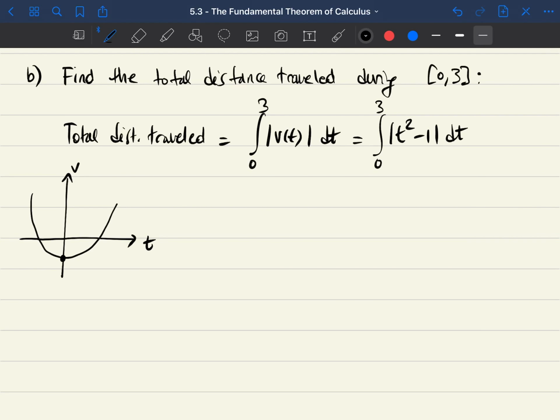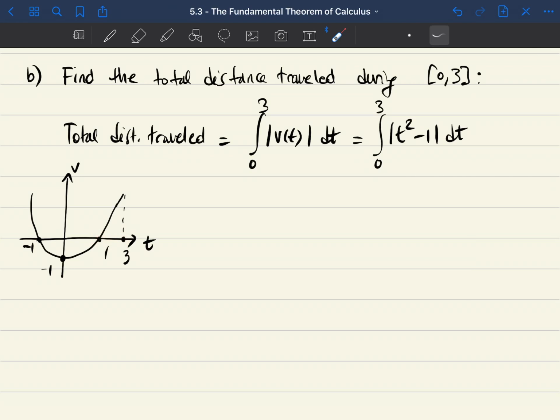More or less. So this is negative 1, and then 1. Let's say this is 3. So basically from 0 to 1, this function is negative, and from 1 to 3, it's positive.